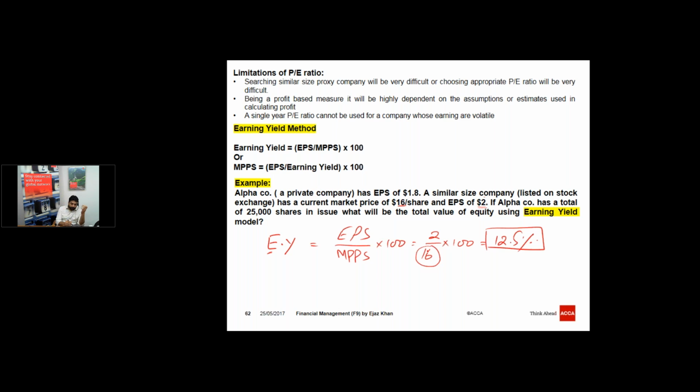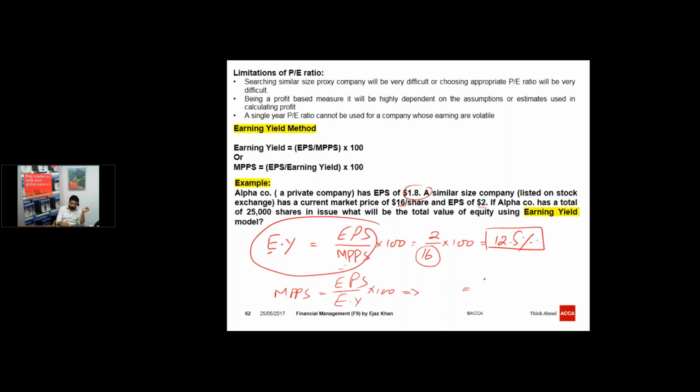So it's 12.5%. Now, look at this formula. Rearrange this formula for market price per share. How can we do it? We'll take the MPPS to the other side of the equation and divide the EPS by earning yield, multiplied by 100. Let's now take the earning per share of the private company, that is 1.8.